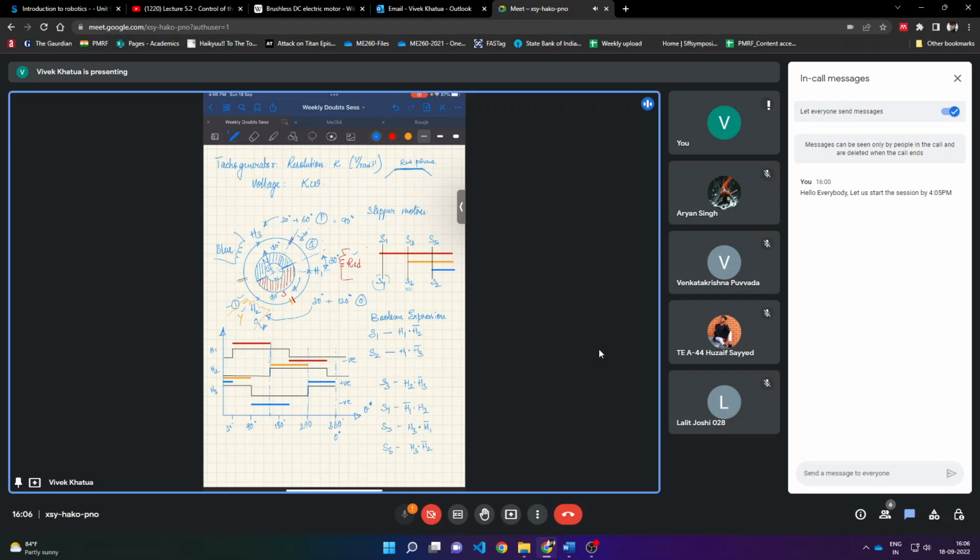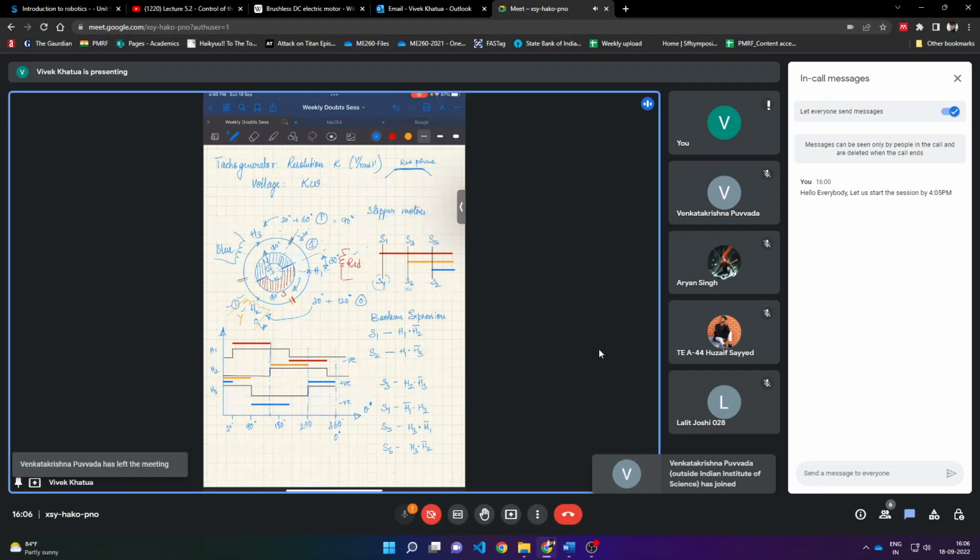If you go from minus 30 degrees, you will see that the red phase will start having some induced EMF in it, because the magnetic flux is changing around that coil. So I operate the red phase when I want to pull this part inside, right?